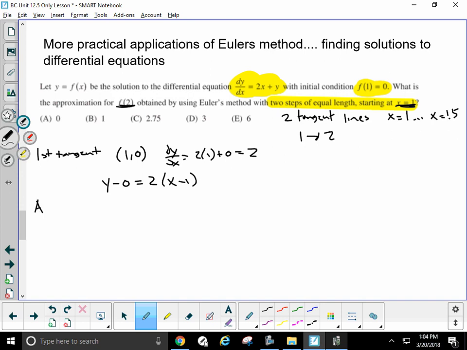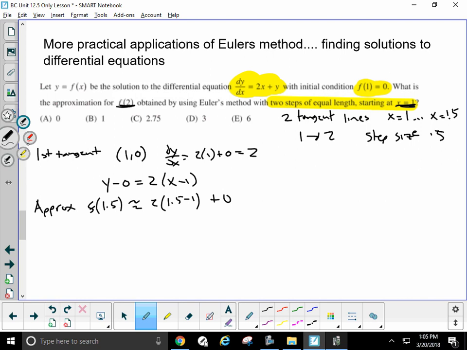I'm going to take my first step and approximate f of 1.5. Two tangent lines, step size 0.5. So f of 1.5 will be approximately 2 times (1.5 minus 1) plus 0.